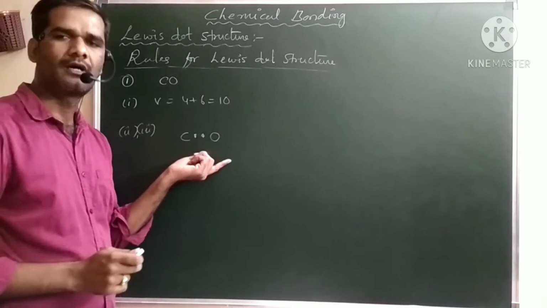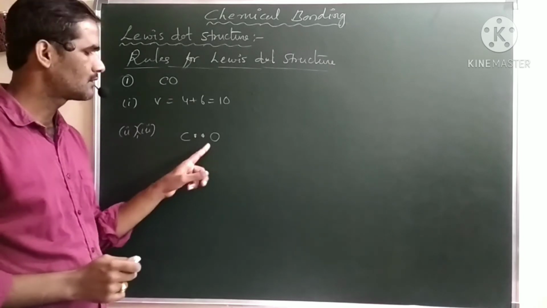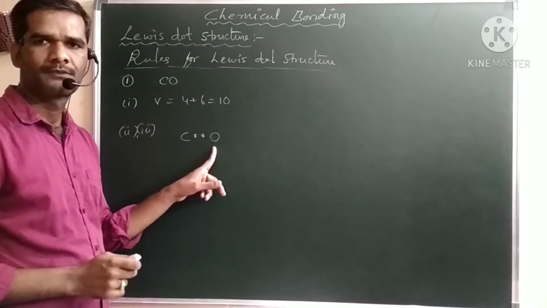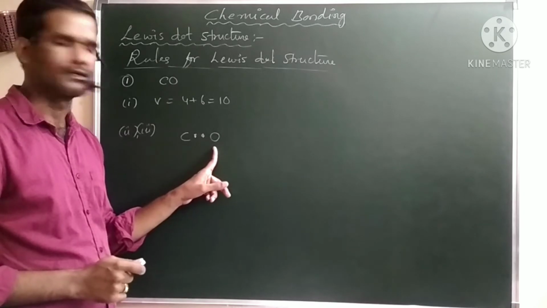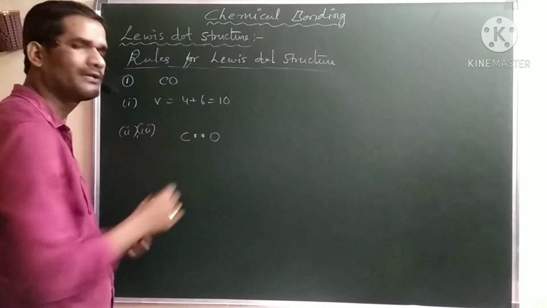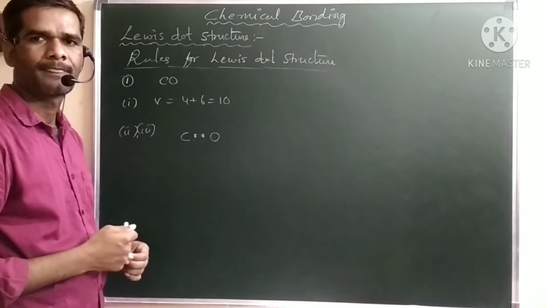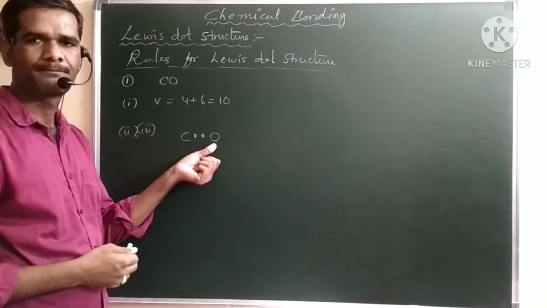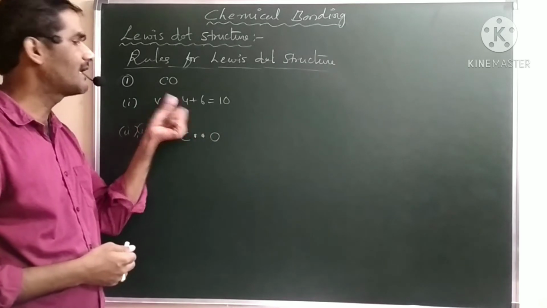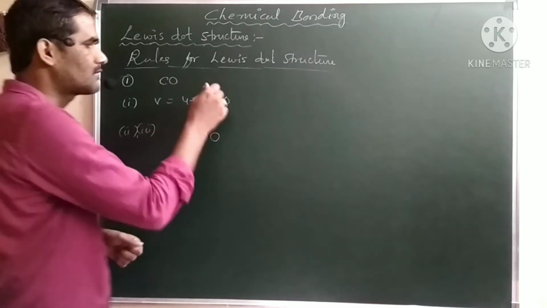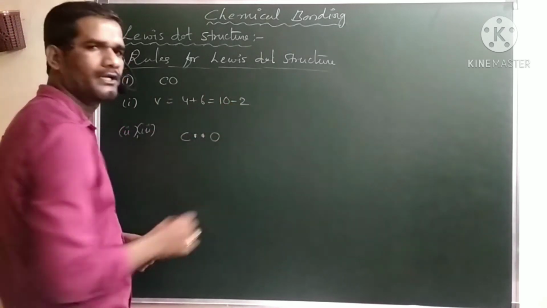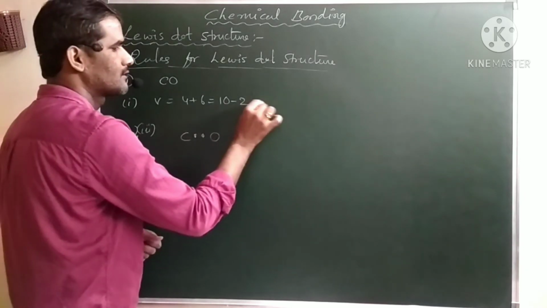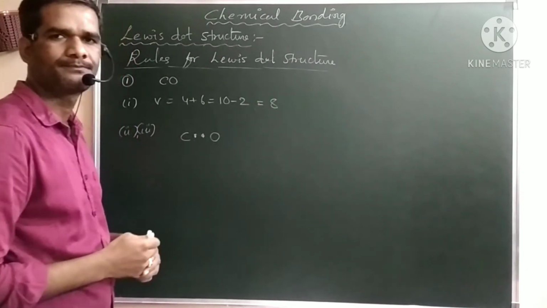Now you have to check the octet for the terminal atom. Here oxygen is a terminal atom. Is it satisfying the octet or not? No, because we have only 2 electrons. Now we have to fulfill the octet of this oxygen by sharing the remaining valency electrons. So out of 10, we have taken 2 electrons initially, then 8 more remain.